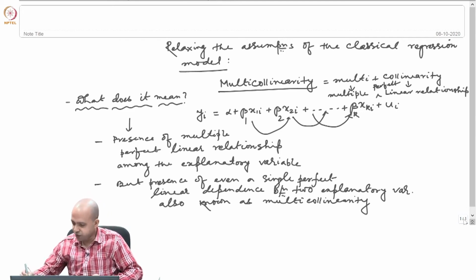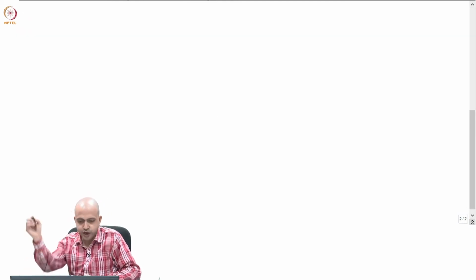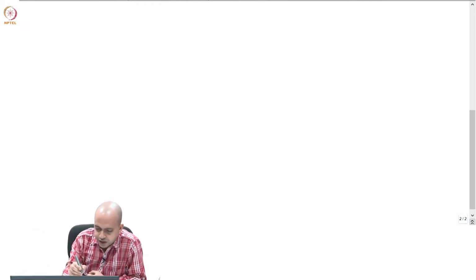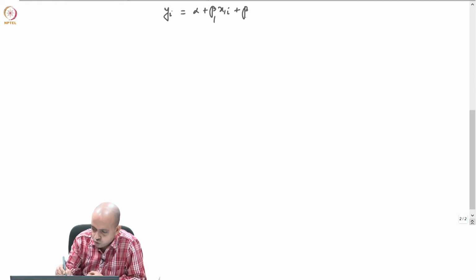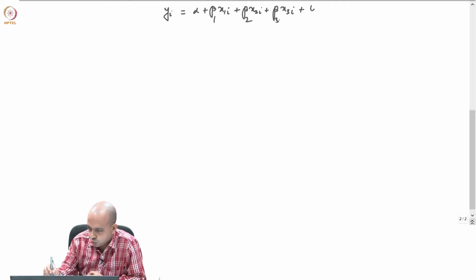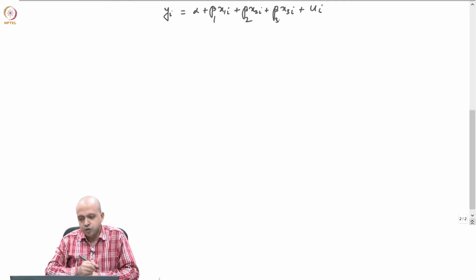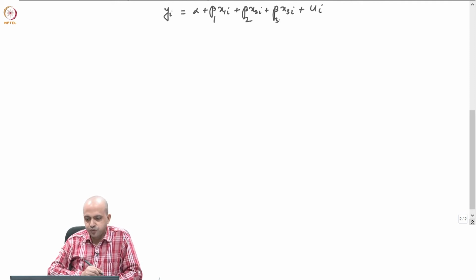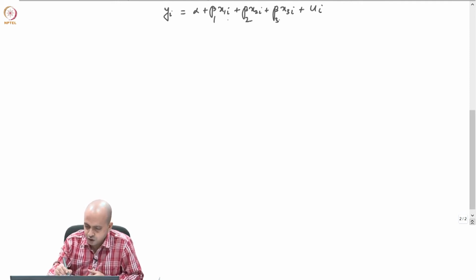Okay. Now, I will explain how to write the multicollinearity relationship. Let us say that this is our model: yi equals alpha plus beta 1 x1i plus beta 2 x2i plus beta 3 x3i plus ui, and we assume that there is a perfect linear relationship between x1 and x2.